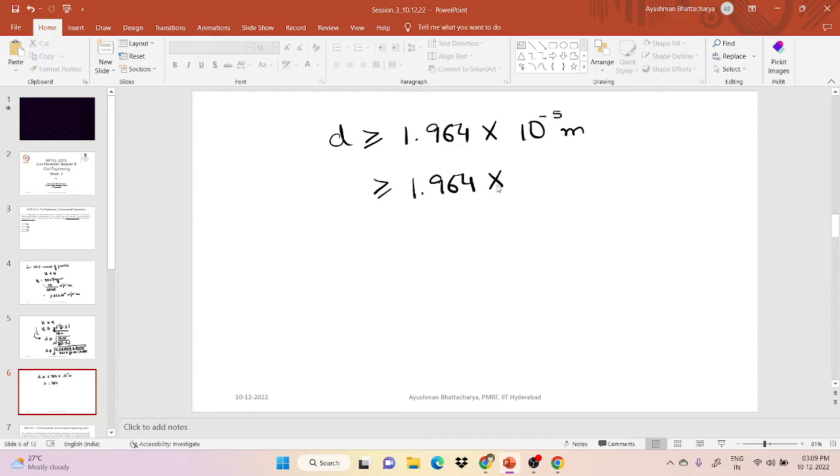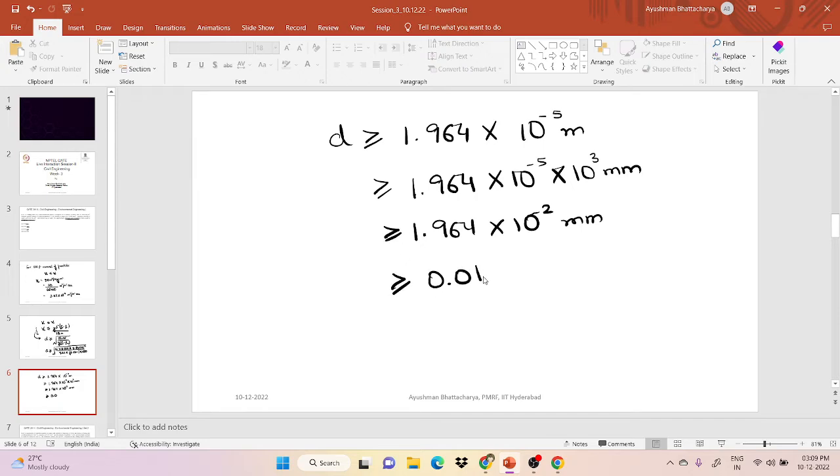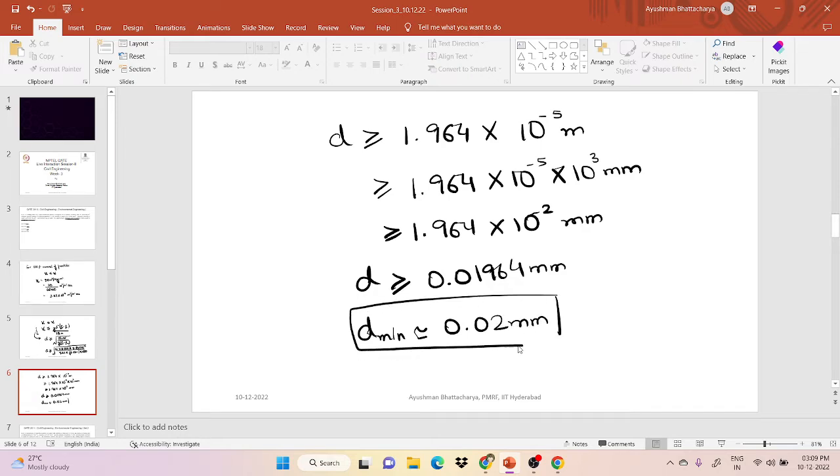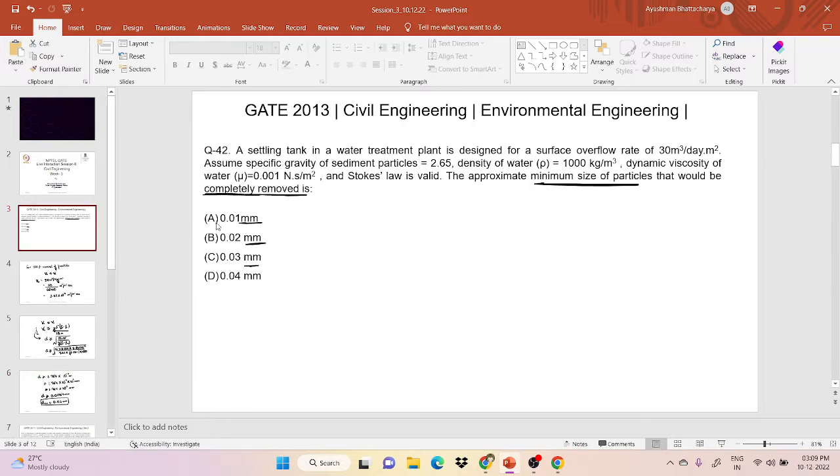If we multiply it by 10 to the power 3, it will be 1.964 into 10 to the power minus 2 mm. So we can write it as 0.01964 mm. So d minimum is equivalent to 0.02 mm. So the answer is option B.